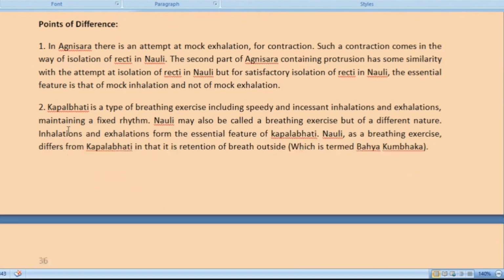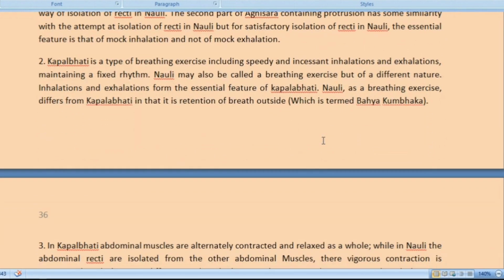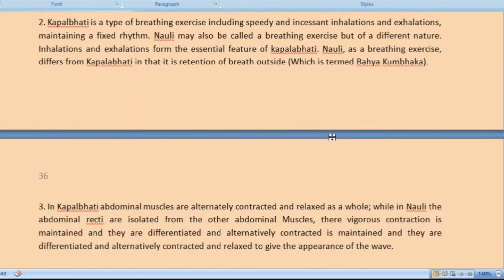Second point, Kapalbhati is a type of breathing exercise including speedy and incessant inhalation and exhalation, maintaining a fixed rhythm. Nauli may be called a breathing exercise but of a different nature. Inhalation and exhalation form the essential part of Kapalbhati. Nauli as a breathing exercise differs from Kapalbhati in that it is retention of breath outside, that is Bahya Kumbhak.